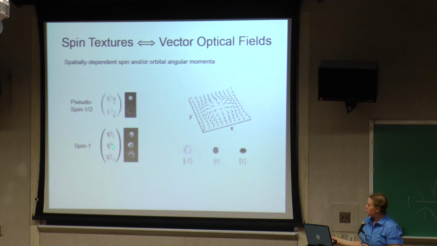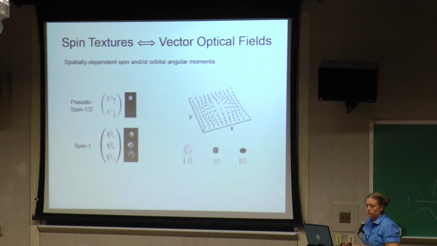And this 0 state here is analogous to having polarization along the z-axis, which we've also heard a bit about today. And so this spin texture describes the local spin at each point in the condensate. And again, if we choose to have 3 states populated, the spin can rotate out of the plane.